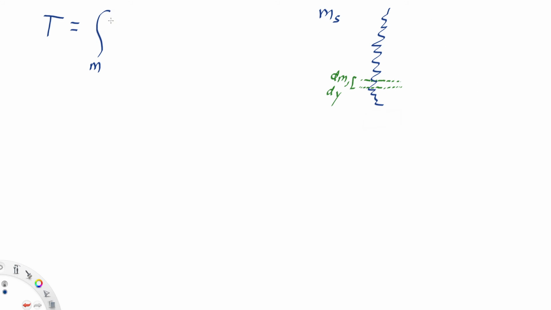Then the kinetic energy of any little piece of mass is just 1/2 u squared, where u is the speed of the little mass element, times dm. So 1/2 m velocity squared. This looks just like the kinetic energy formula that we all know and love.